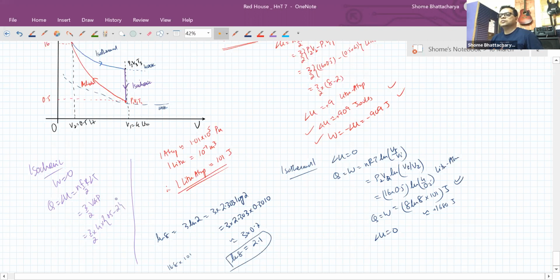So this is in liter atmosphere. So you can just check my calculation once, but I'm getting it.